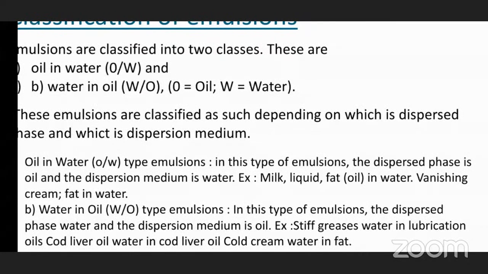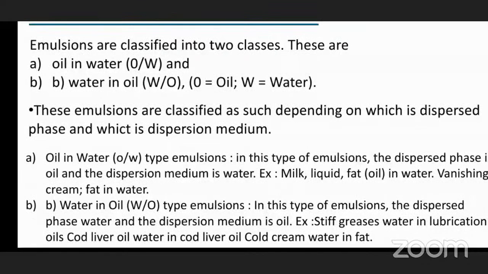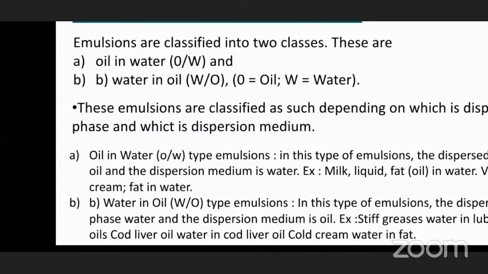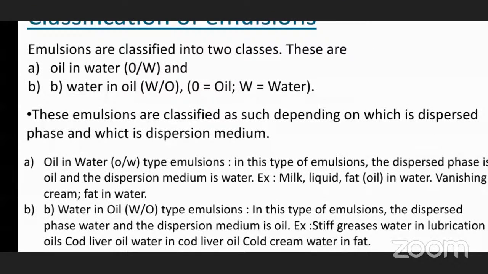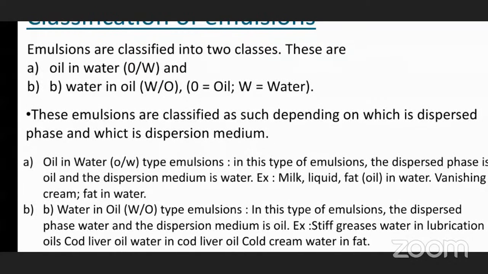For example, stiff greases, water in lubricating oil, and cod liver oil. Simple: here the dispersion phase is water, and the dispersion medium is oil. That's why it is water in oil.